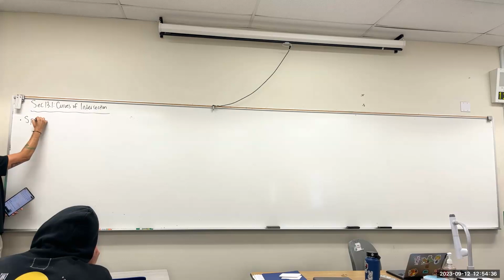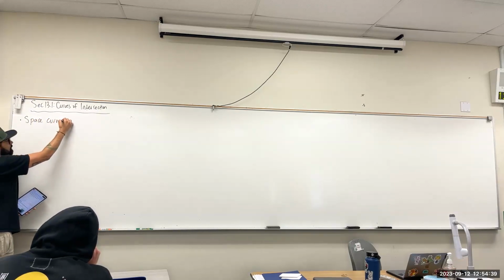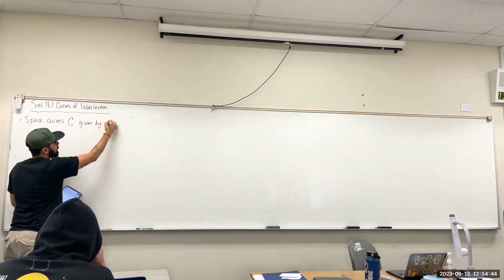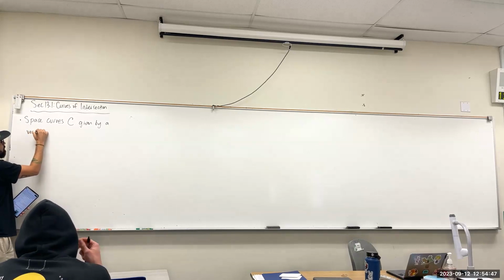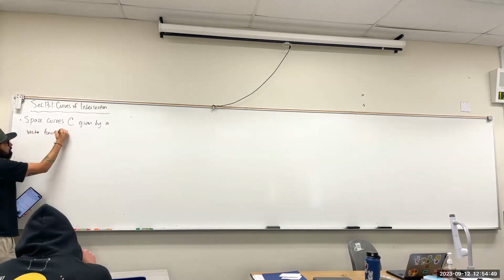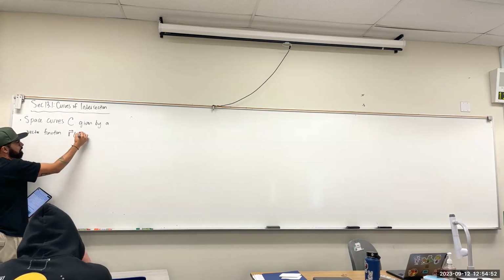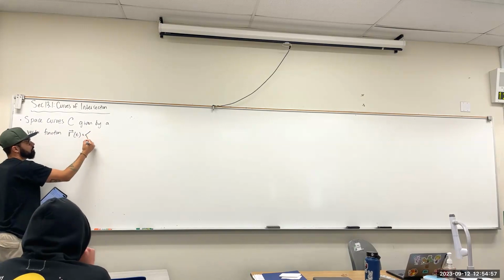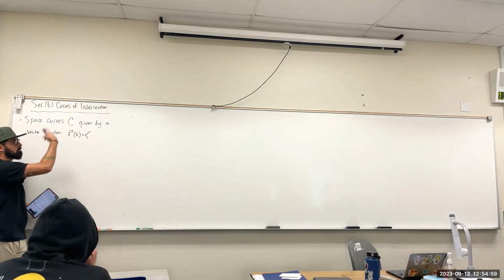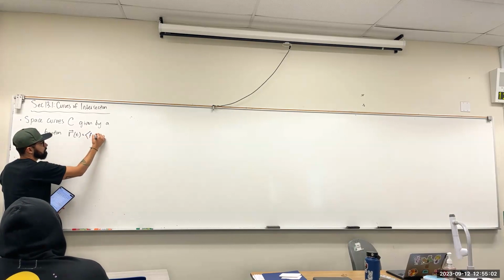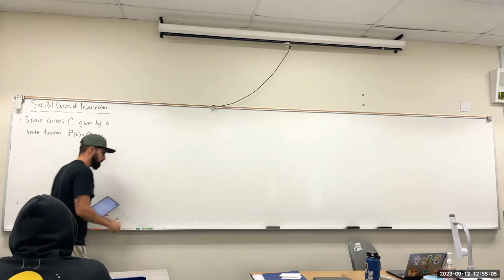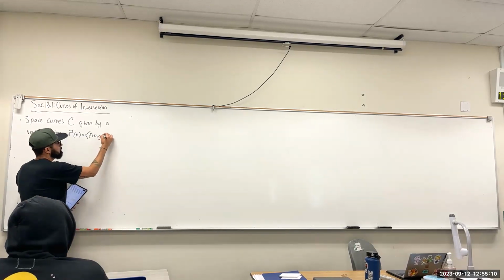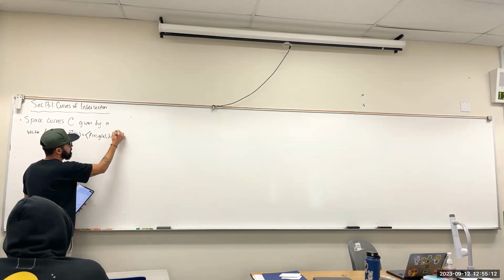We talked about space curves C given by a vector function, which we saw takes an input of a scalar t and outputs a three-dimensional vector that draws your space curve, with components f of t, g of t, and h of t.